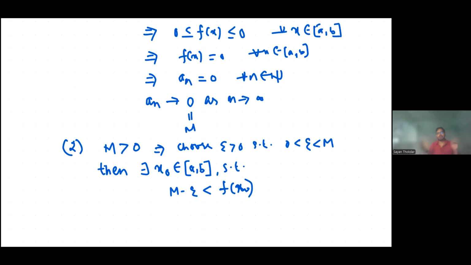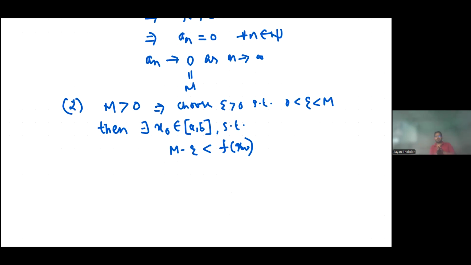Now just use something called the neighborhood property for continuous functions. Do you know it? We'll use the neighborhood property. Since f of x naught is greater than M minus epsilon, and f is continuous, and M minus epsilon is also continuous because it is a fixed constant, there exists a neighborhood of x naught. Name that neighborhood (c, d).